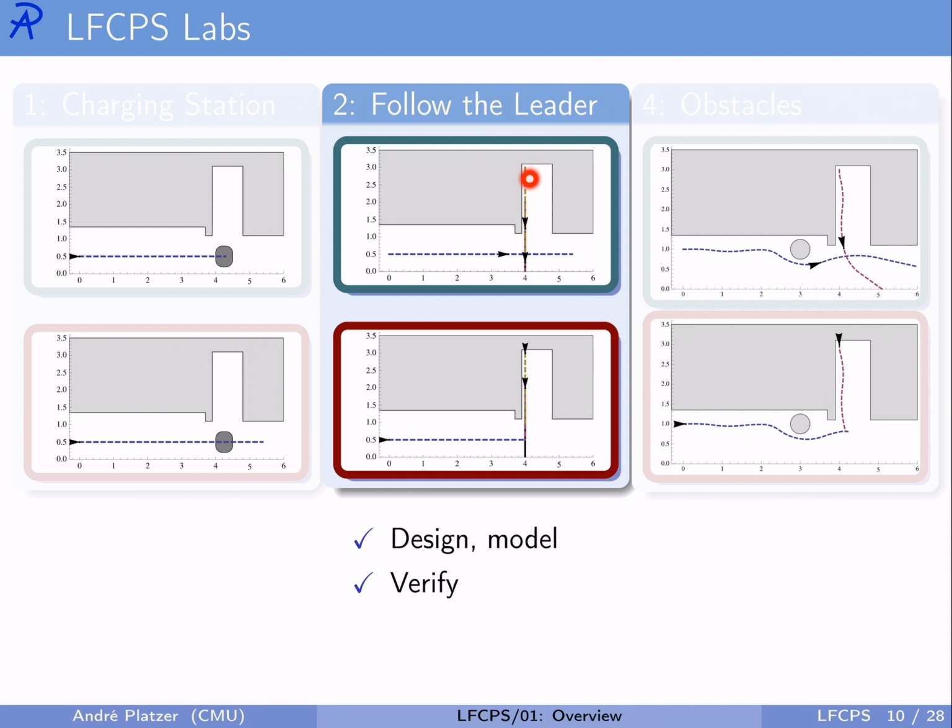Don't fall behind too much, but also don't collide with the other robot. So, for example, if this robot and other obstacles are happening, then your job will be to make sure that you follow without ever possibly colliding. Again, you will first design a model of the physics in the controller and then convince yourselves by verification that your design is really a safe one.